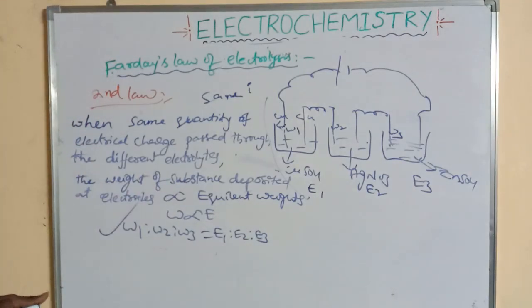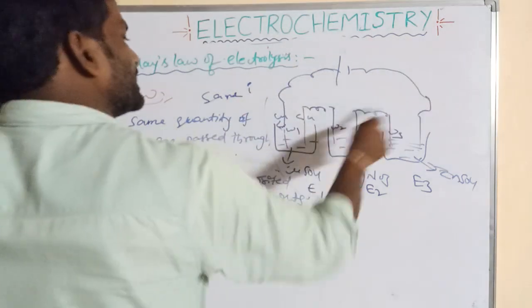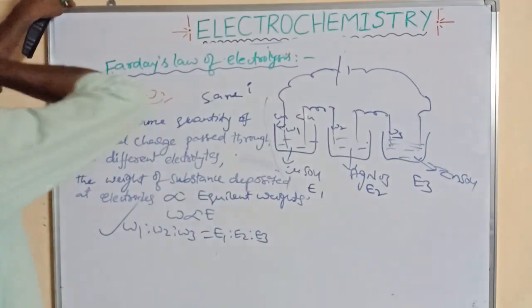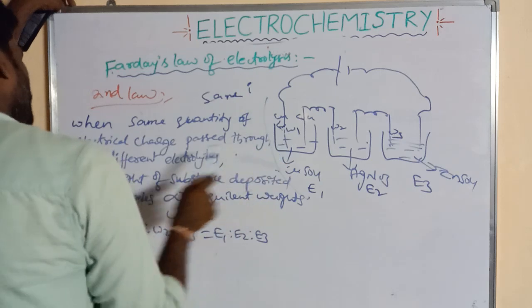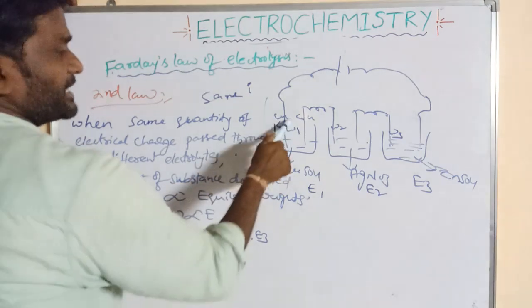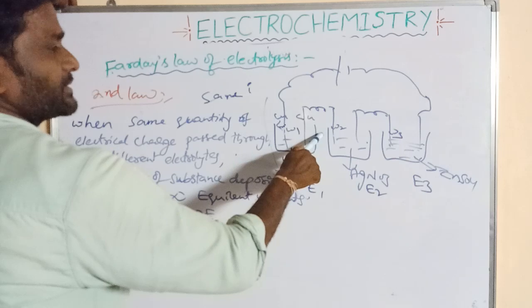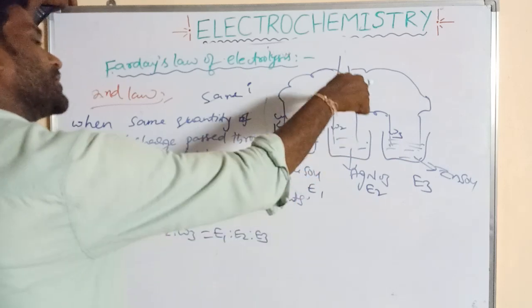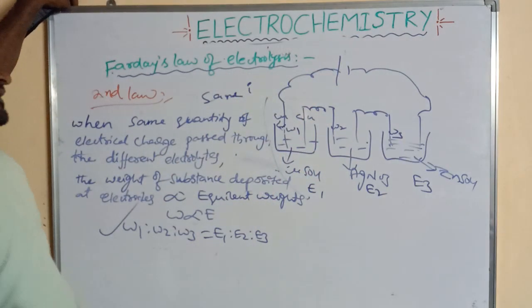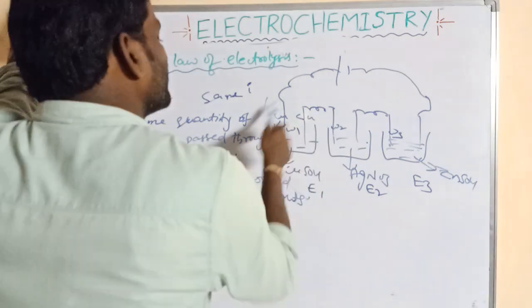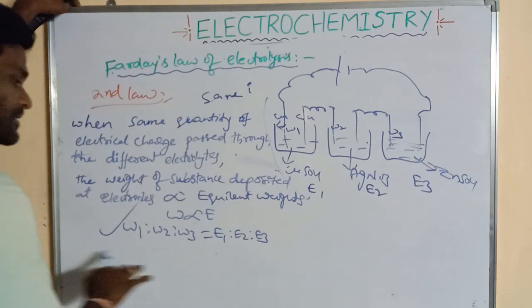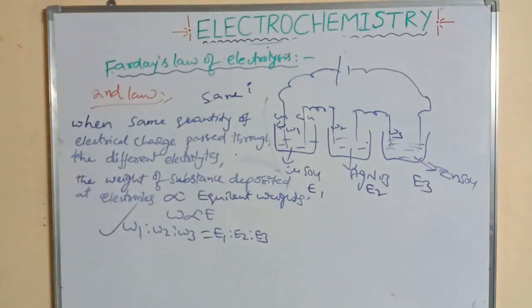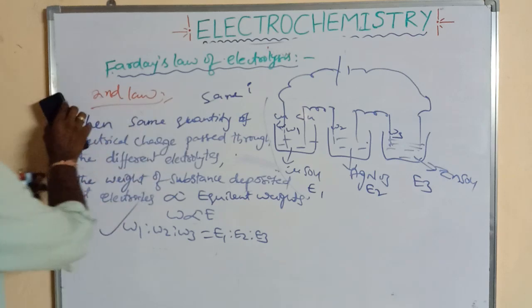This is the Faraday second law. When the same quantity of electricity is passed through different electrolytes, the weight of substance deposited at electrodes is directly proportional to equivalent weights. So as the equivalent weight varies, the weight of substance deposited at the electrode also varies. So this is the second law of Faraday.